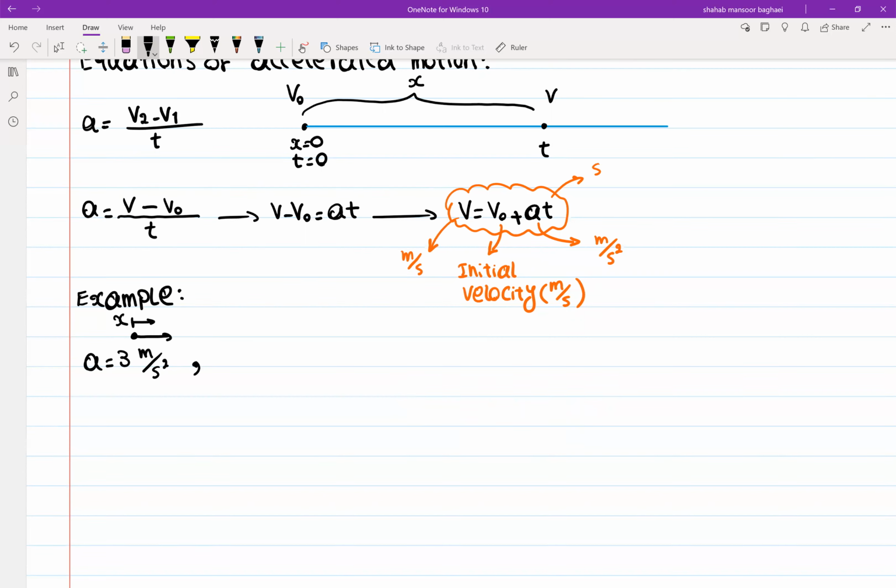If initial velocity of this particle at the beginning, I mean velocity of this body at t equal to 0, or v0, is 5 meter per second, after 4 seconds, what is the velocity of this particle, if it has acceleration of 3?